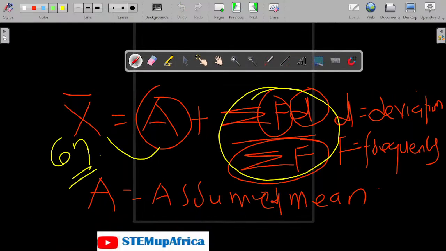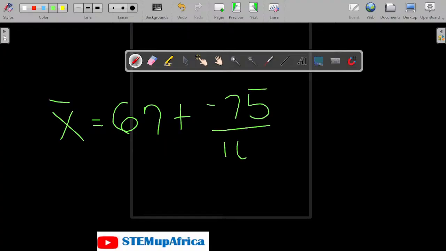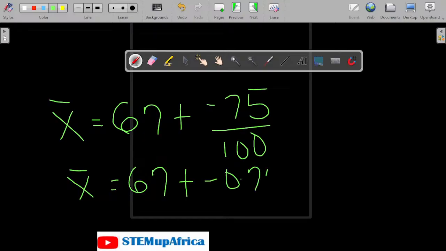So my X bar now, which is the mean, is my assumed mean 67 plus my summation FD, minus 75, divided by 100. So X bar will give us 67 plus minus 75 divided by 100. You write the value there, minus 0.75.